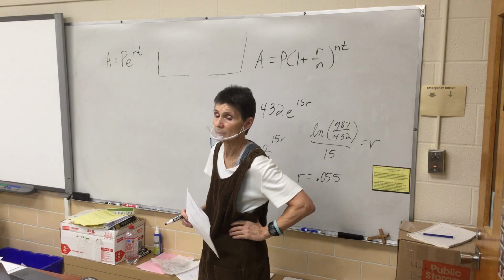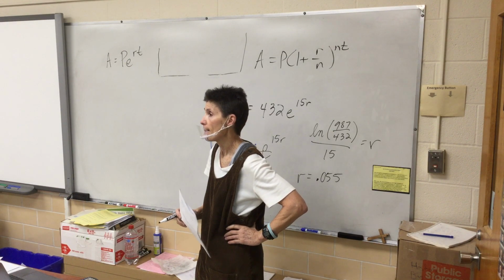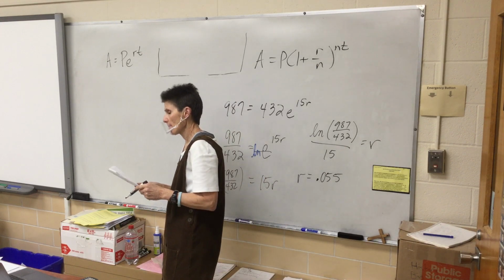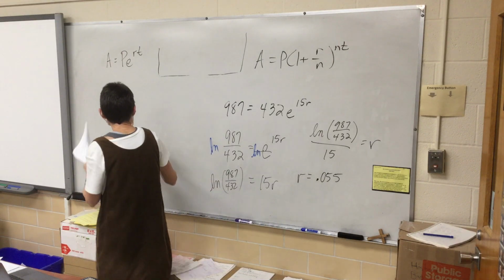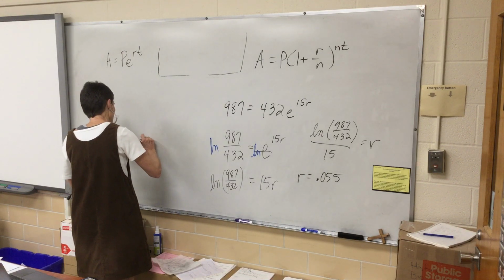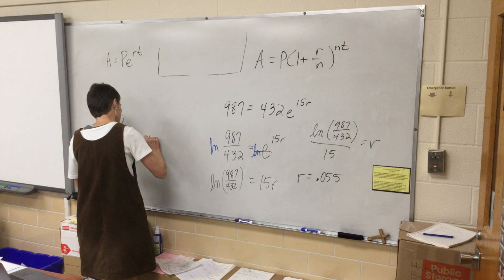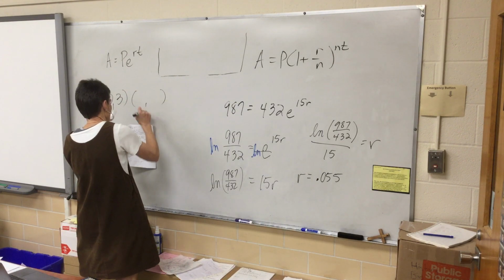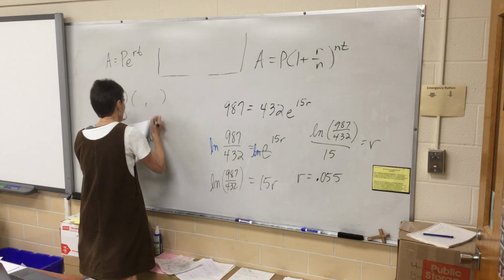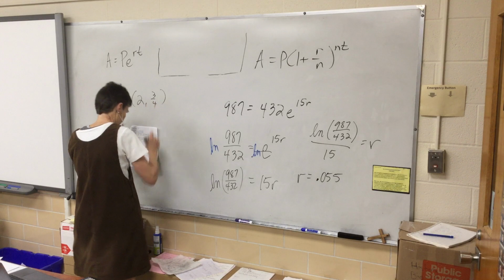Can we do another one with number 2 on the practice? Yeah, I gotta rig that though, so let me rig it. So, write the exponential that contains (0, 3) and (2, 3/4).